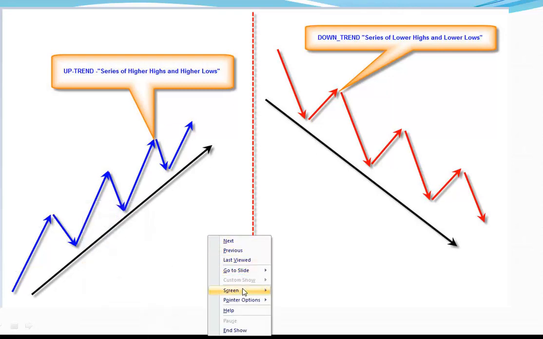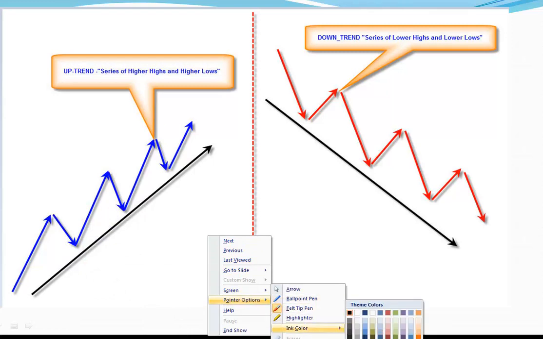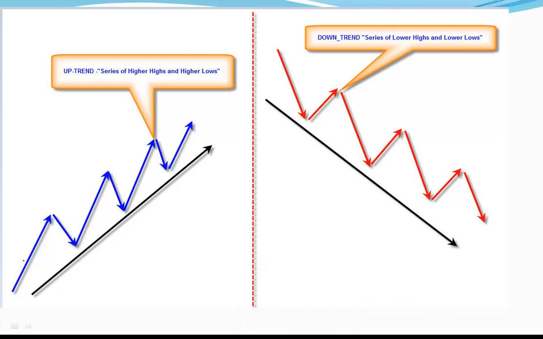All right, let me fix the color here so we have a nicer color. What about that color? There we go. So here we go. So you have your low, you have your high, and then you have your higher low. This right here is called a retracement, or it's called a pullback, PB, pullback.